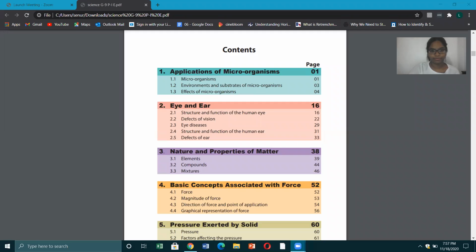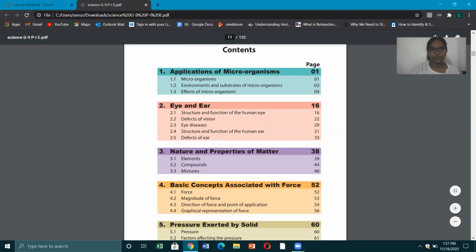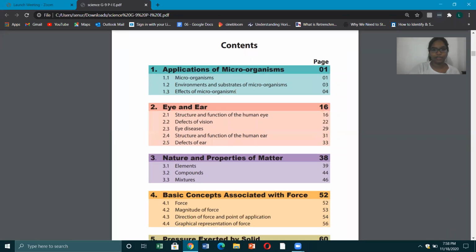Okay, so I'll be screen sharing your local textbook, and today I will be covering the first lesson for y'all, which is microorganisms. I hope y'all can see my screen well.